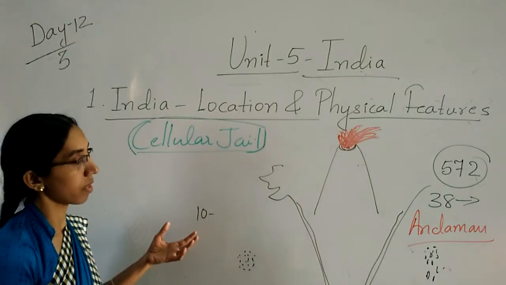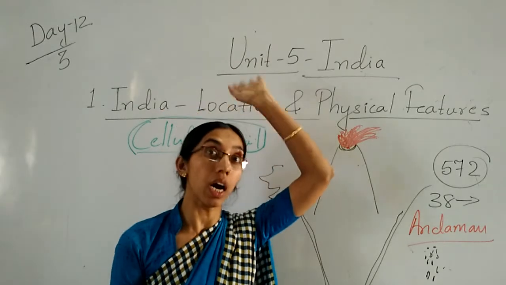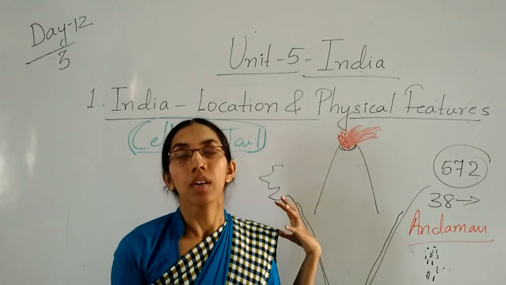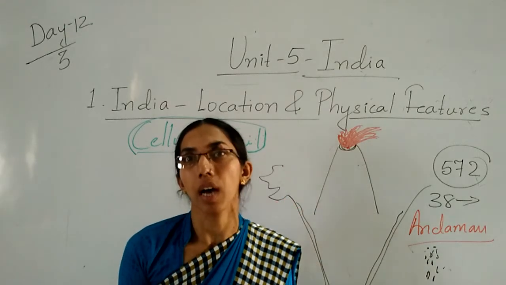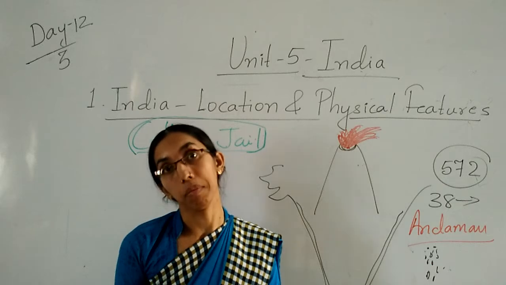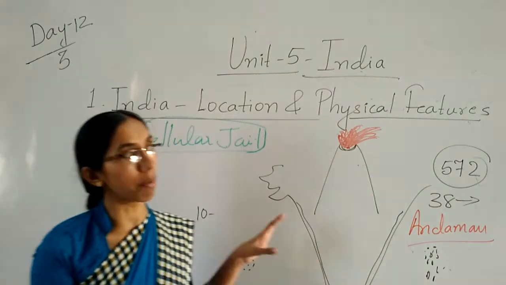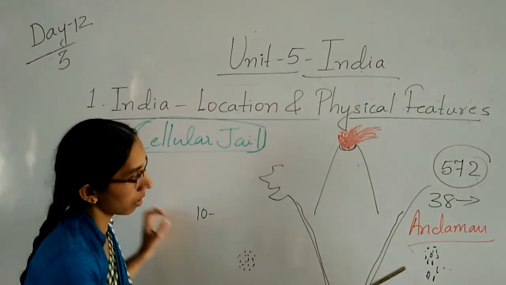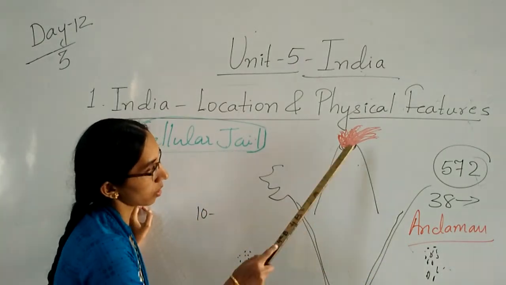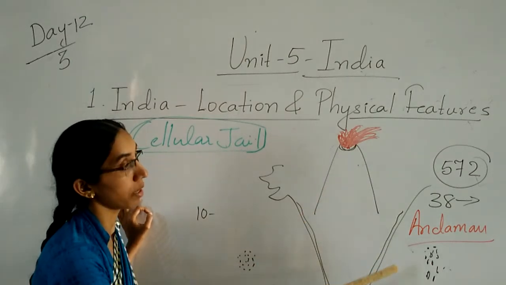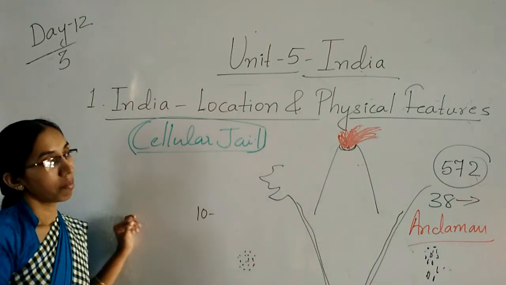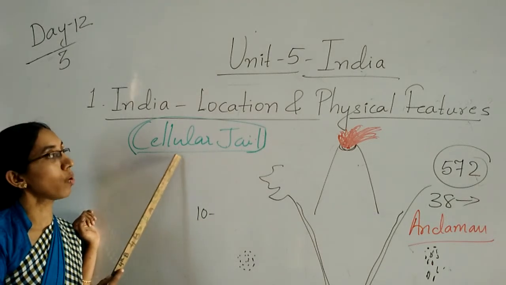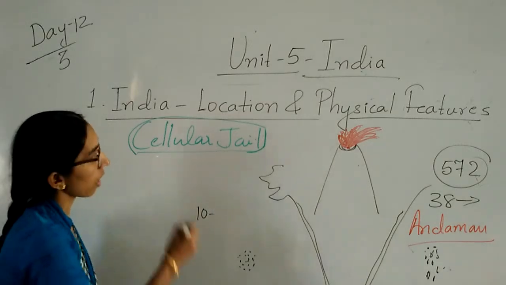It was constructed in the time of the British government only, and they gave very strict punishment to the people. Okay children, so this is about the Andaman and Nicobar. In the Andaman barren land, we can see the active volcanoes, and in the Andaman and the Nicobar, we can see the very famous jail, the cellular jail, or we can say the Kala Pani.